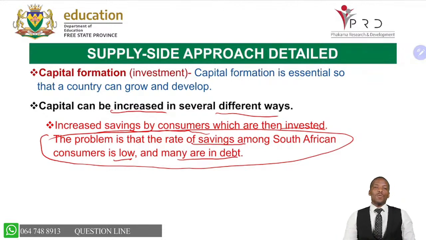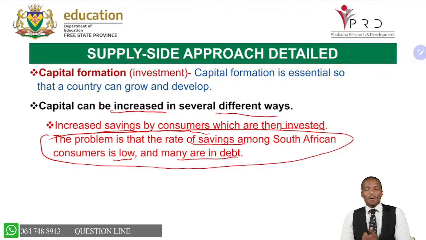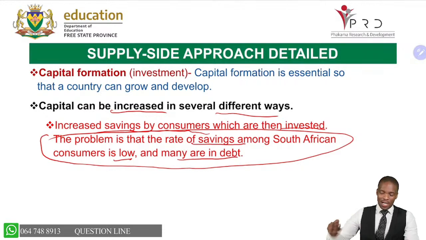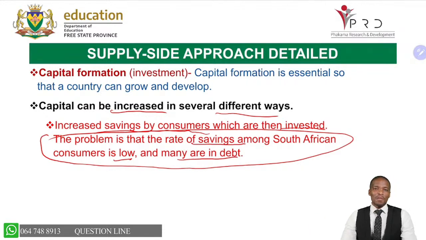So as much as we want to achieve economic growth and development under capital formation as a supply side policy, the problem will be the very same savings that we want consumers to have so that later on it can be investment. They are not enough because there is a low saving rate. Money is used for consumption purposes.